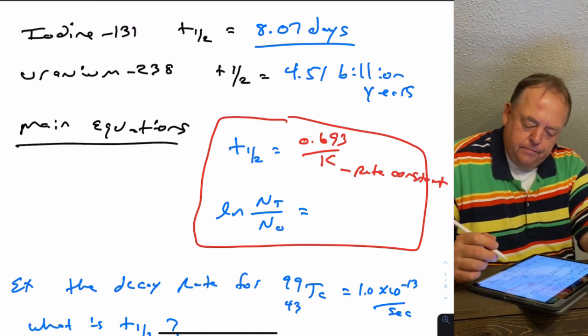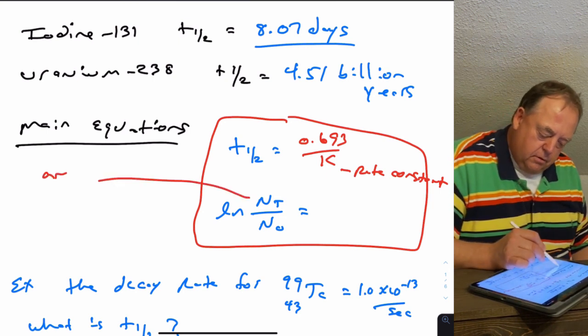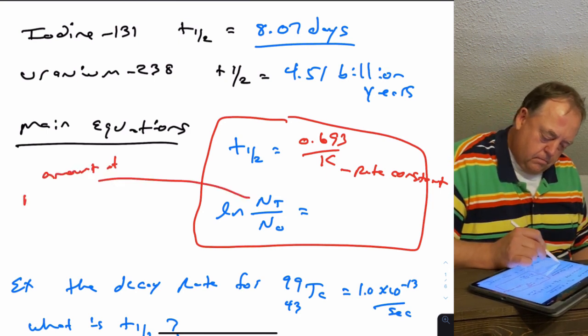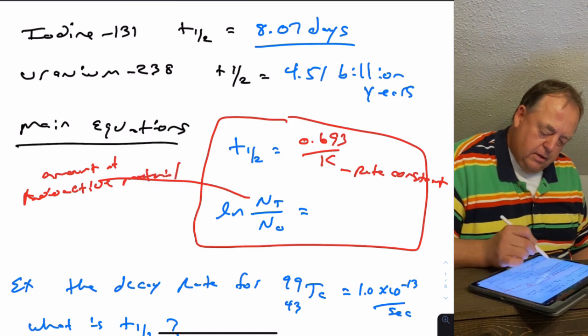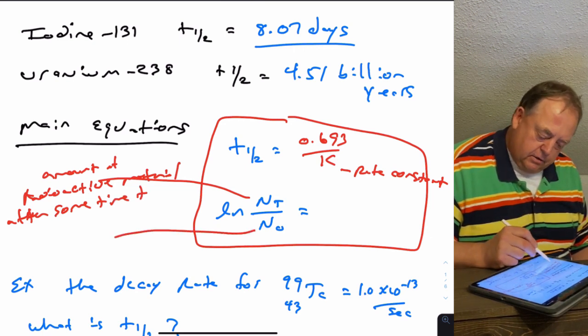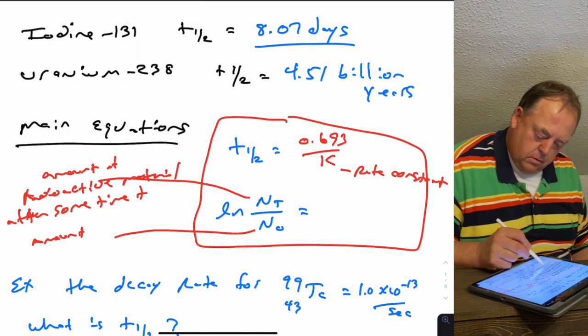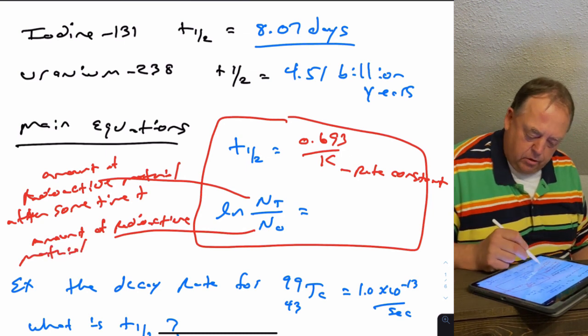for that process. And ln of Nt over N0, so Nt is the amount of radioactive material after some time t, and N naught is the amount of radioactive material at start that you start with.